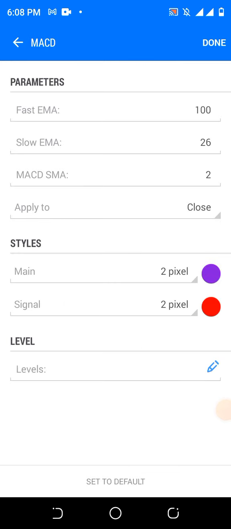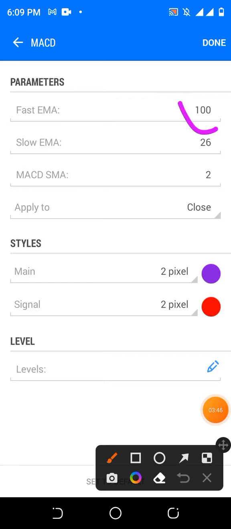Now here are the settings for this particular MACD. The fast EMA is 100, the slow EMA is 26, then the MACD SMA is 2.